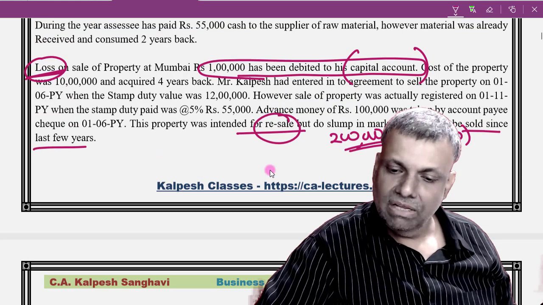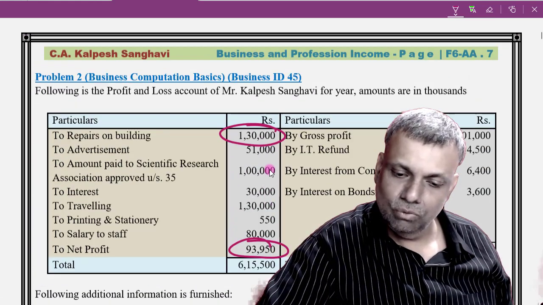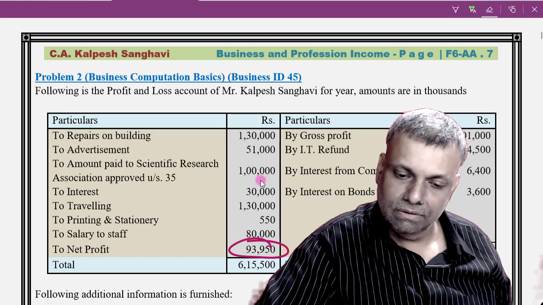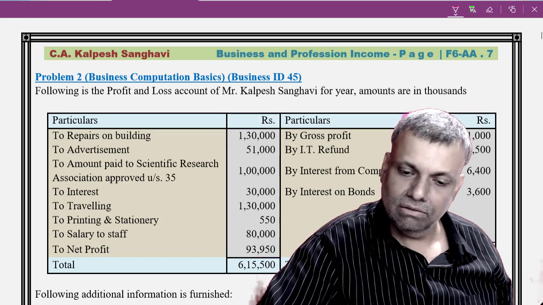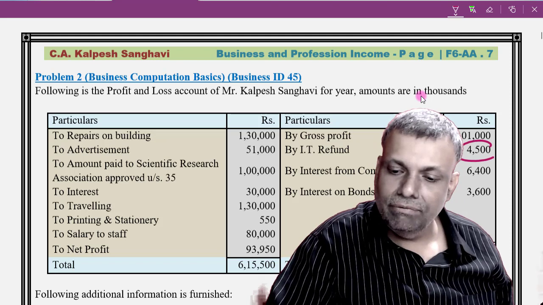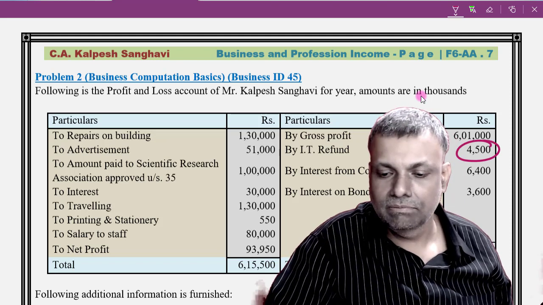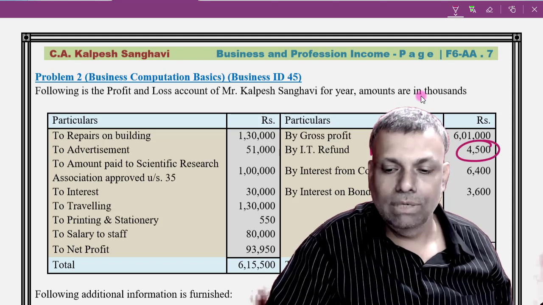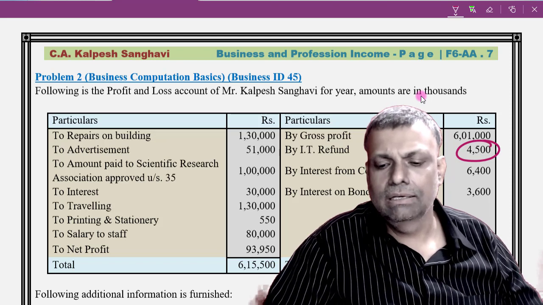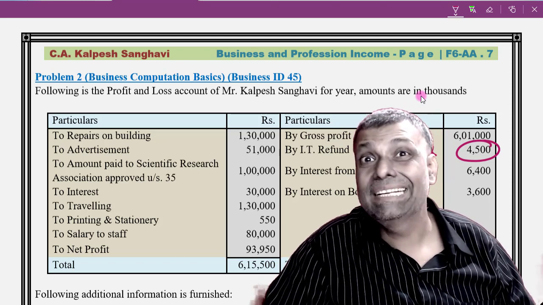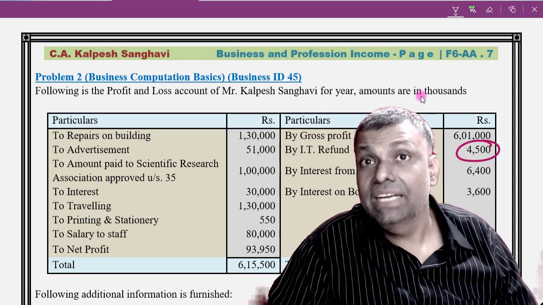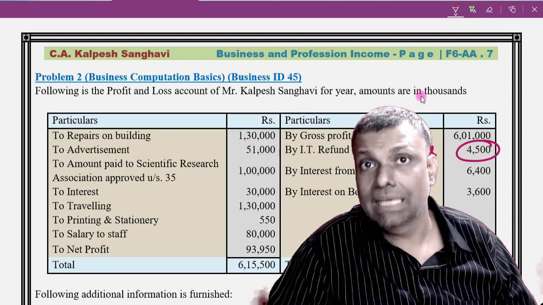Now, having done this entire adjustment, we have to go through all the items of debit and credit. On the credit side, IT refund is actually not an income, so I have to reduce that much. However, there is no data about interest on IT refund. Had it been interest, then interest is taxable as IFOS.